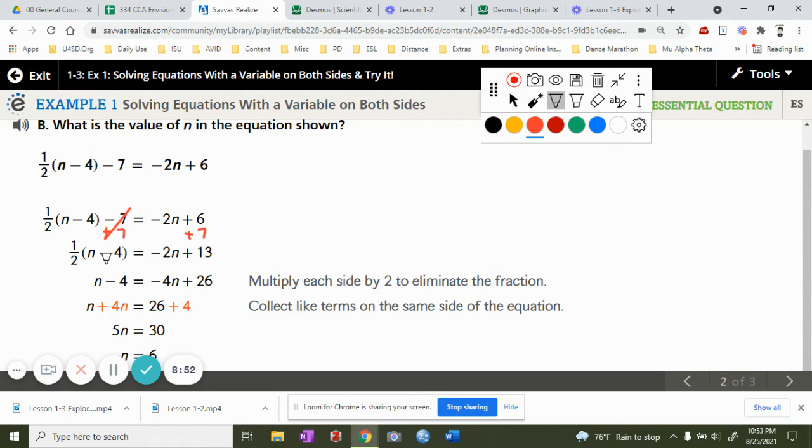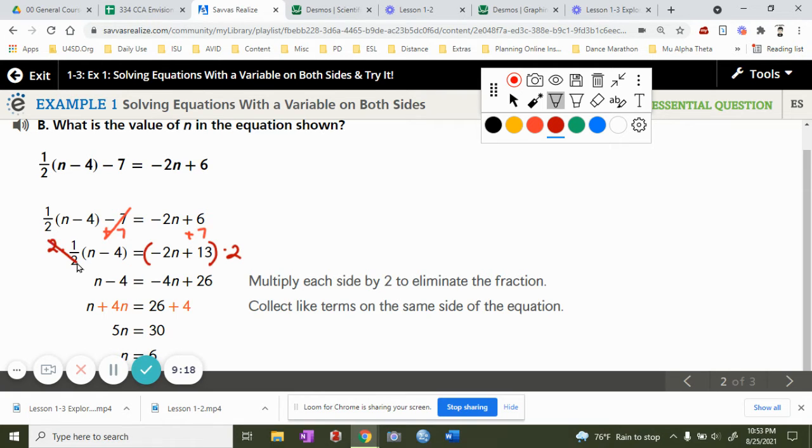Okay, the next step is I want to undo this 1/2. I can undo a fraction by multiplying by its reciprocal. Or you can think of this as dividing by 2. So I'm going to multiply both sides by 2.